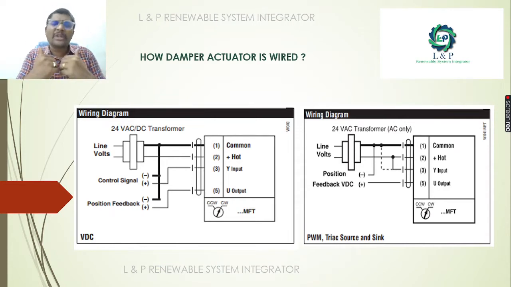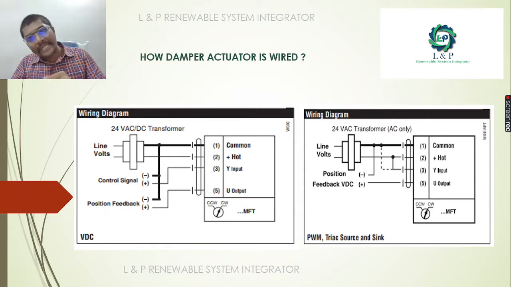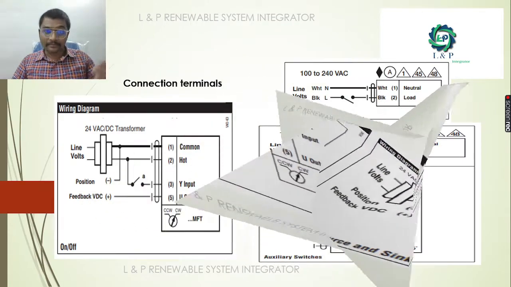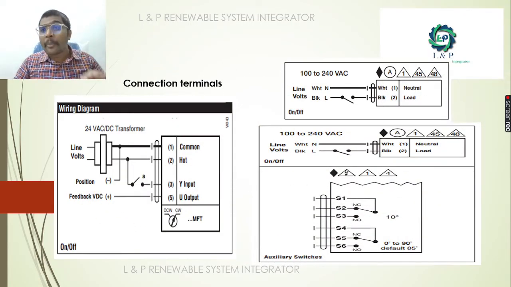There are many varieties of damper actuators, because a few operate with 24 volt AC or 24 volt DC, and certain actuators operate with a 240 volt AC supply. We can even fix multiple positions using these damper actuators, and we can take feedback for opening and closing positions. To take the feedback, we have different terminals. This is an example of a digital type.